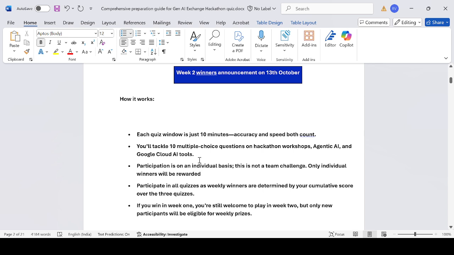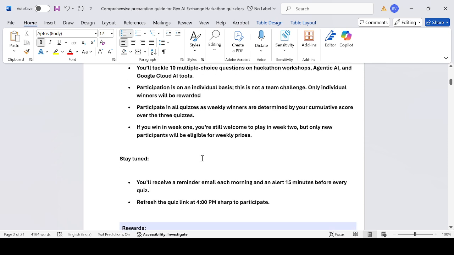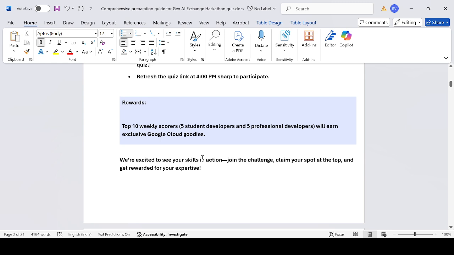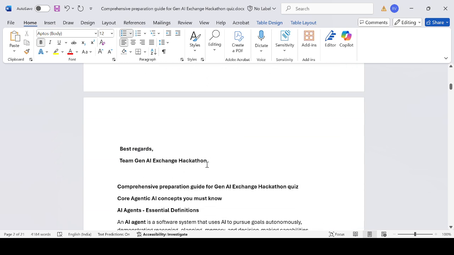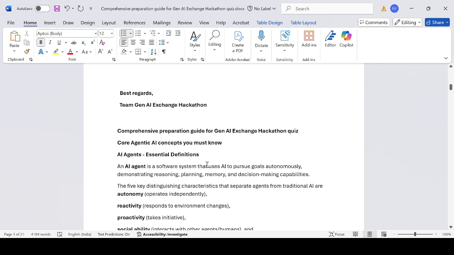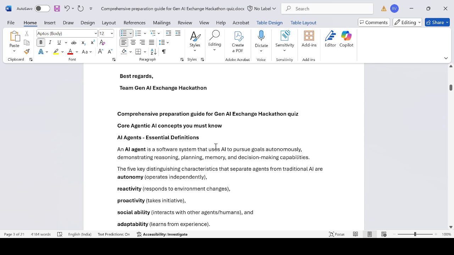There will be 10 multiple choice questions that are part of the hackathon workshop, which covers Agentic AI and Google Cloud AI tools like Vertex. So please be available, and there will be two tracks: one for the students, another for the professionals. It's a big opportunity, and I wanted you to make use of it.